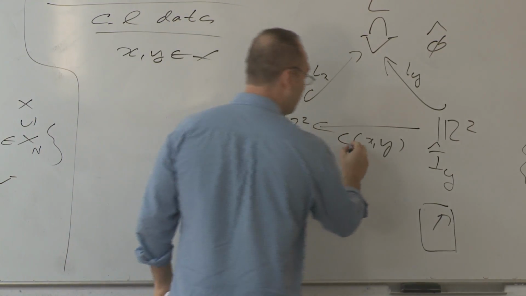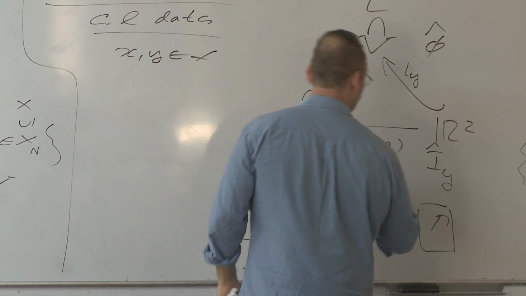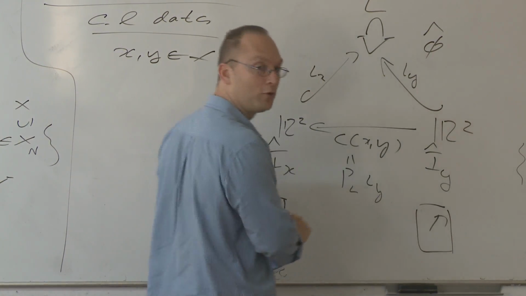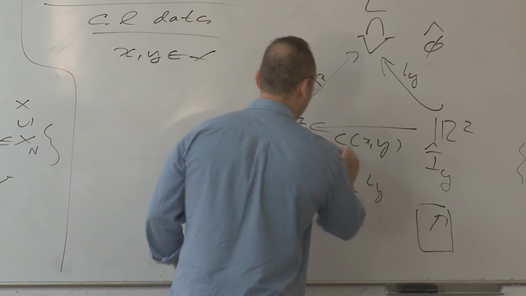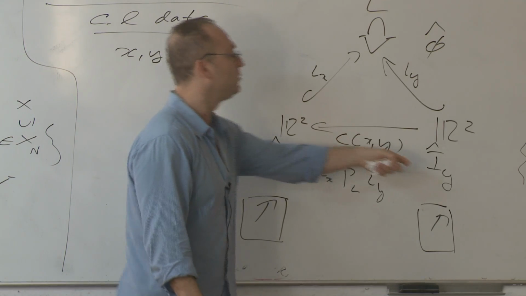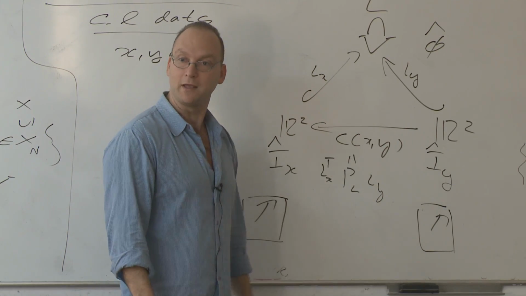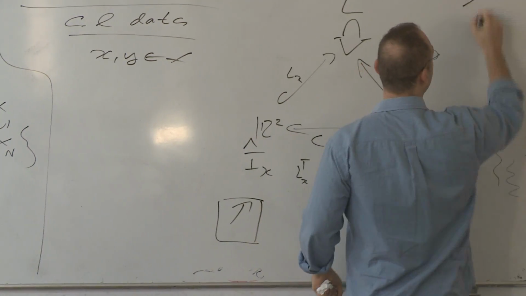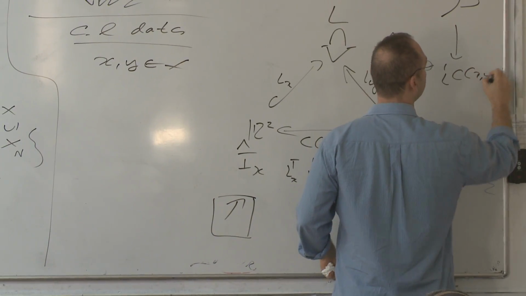And theoretically, this matrix is given by the following formula. You first go via iota y to here, you project on the common line, and then you go via iota x transpose back to here. So the statement is that you can use the images in order to compute the matrix relating the corresponding frames. So from the images, we can compute this collection of matrices.